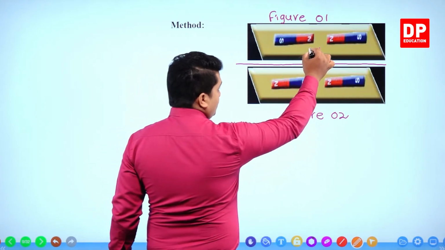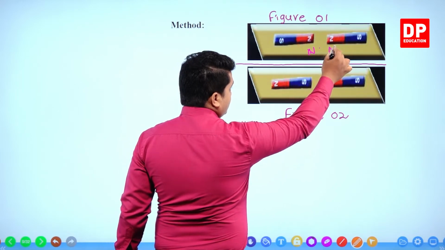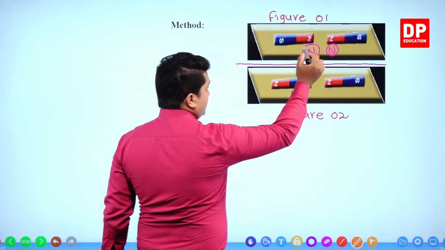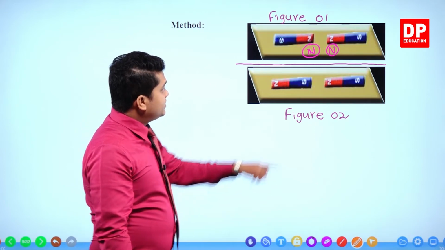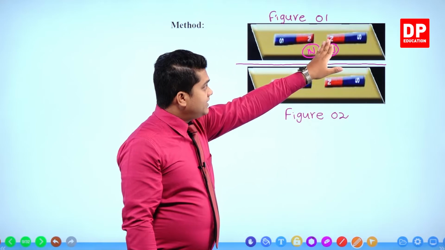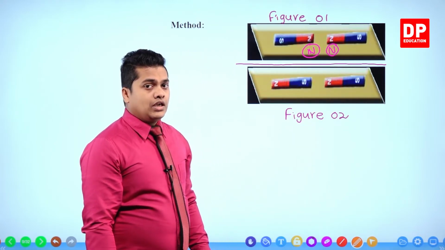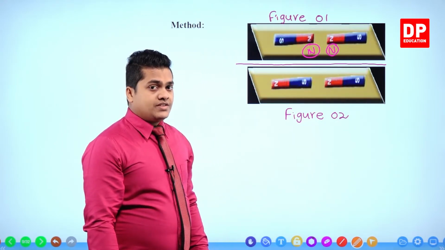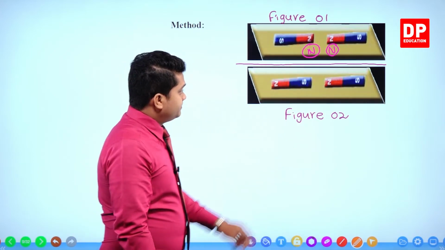You can see this is north, and this is also north in the second magnet, facing each other.